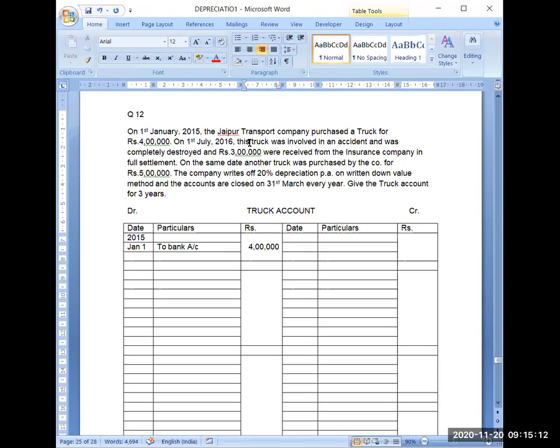So I will be charging the depreciation on March 31st, 2016, by depreciation account.